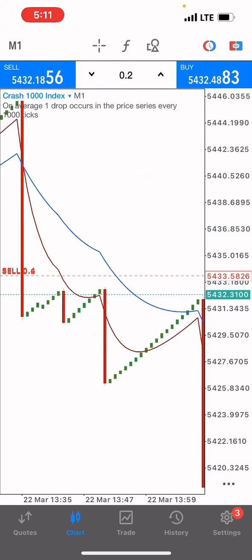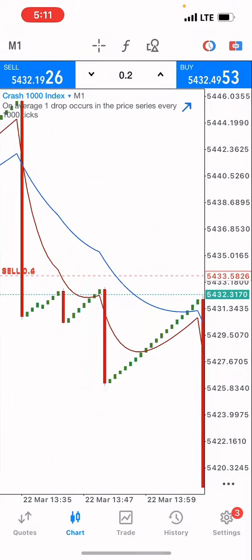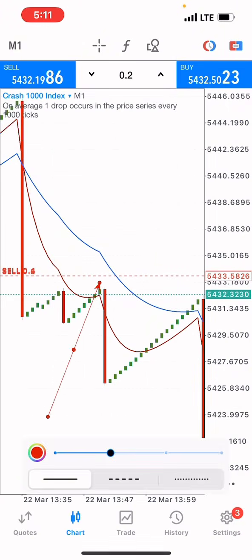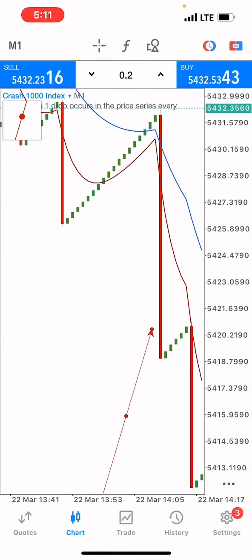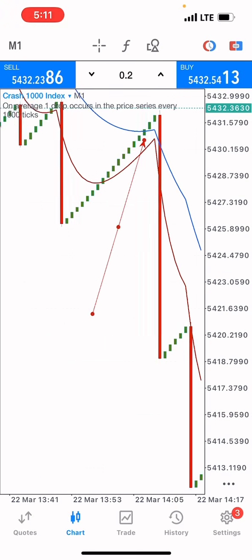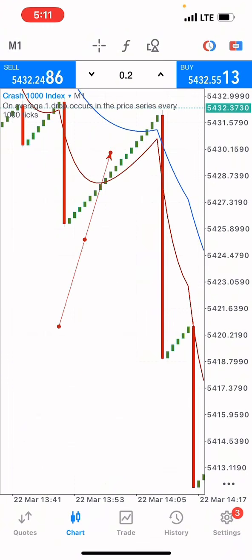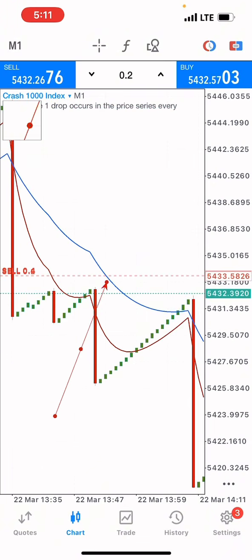Just like what we have here, you can see that when price spiked into this moving average, the next time it retested that moving average, this was a longer spike. So you can use this strategy to catch long spikes, multiple spikes. Whenever you see that price has come into that moving average and has moved below it, that means it spiked the first time.